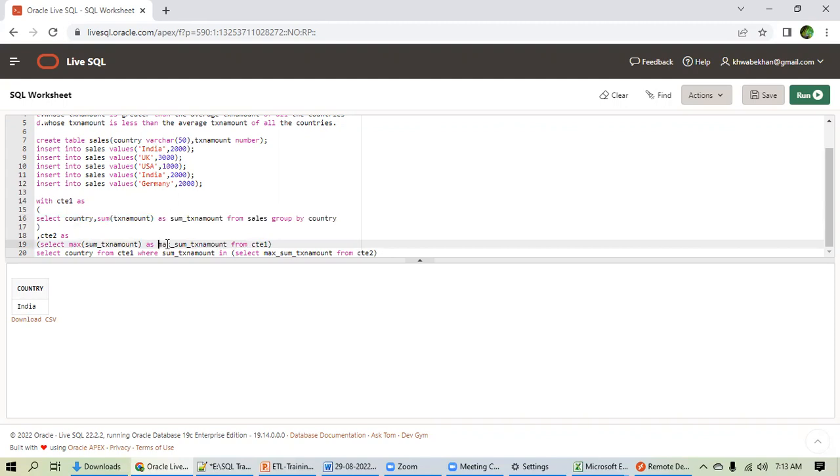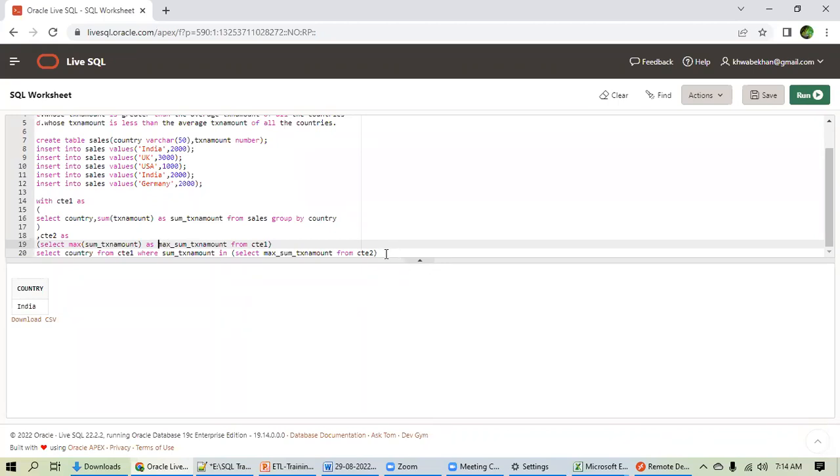Yes. Tanvir, I wrote this query in some other manner. I would like to see if it is correct or not. I wrote select country from sales where transaction amount in, in brackets, select maximum of transaction amount from sales.